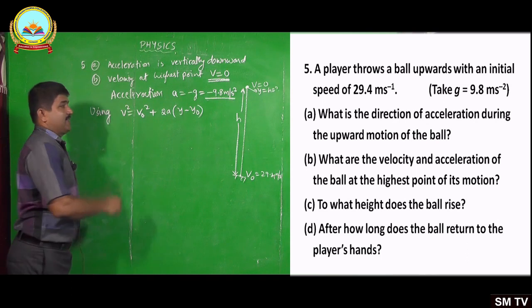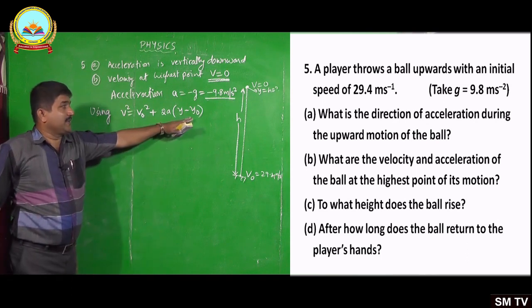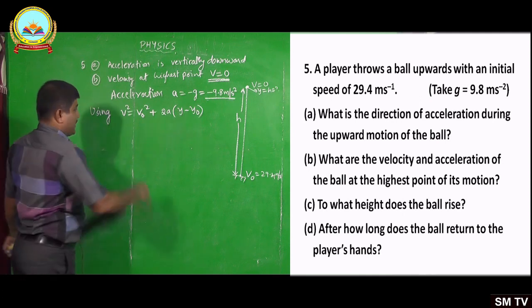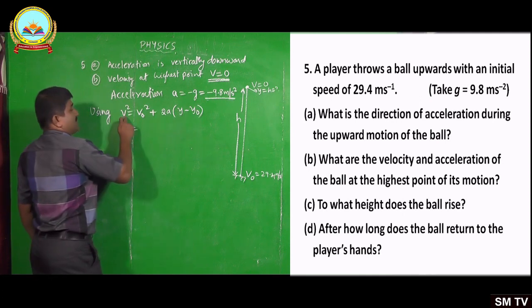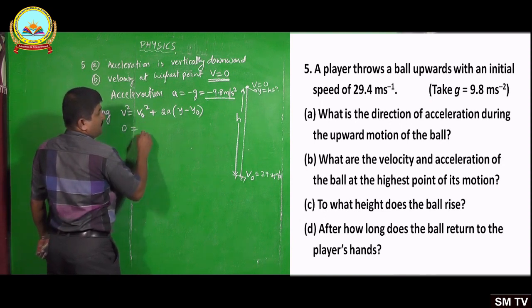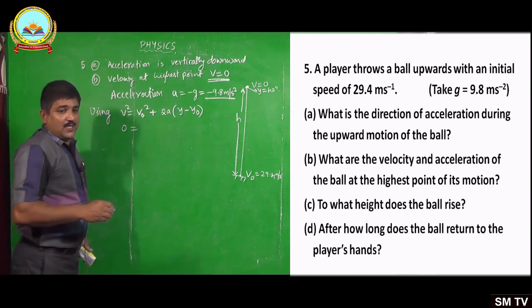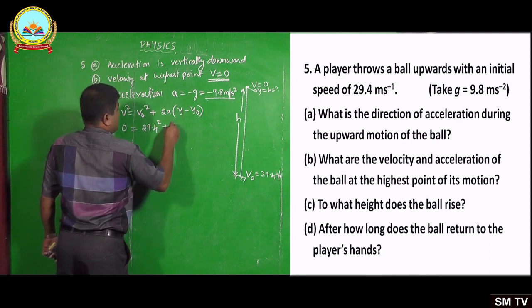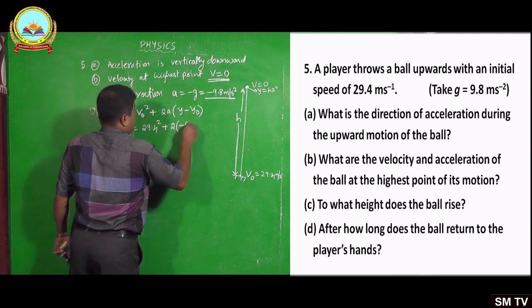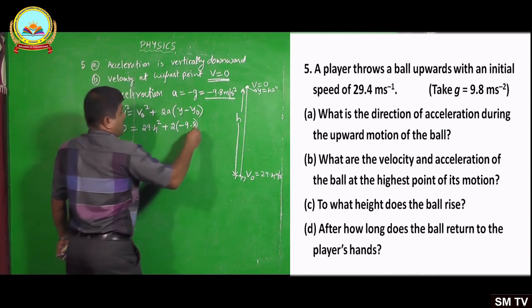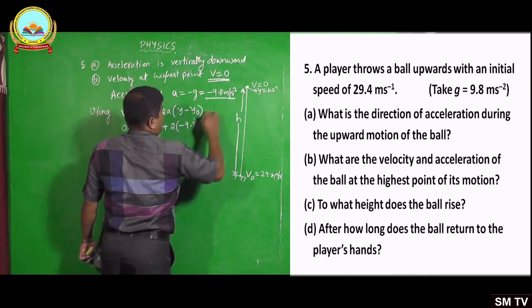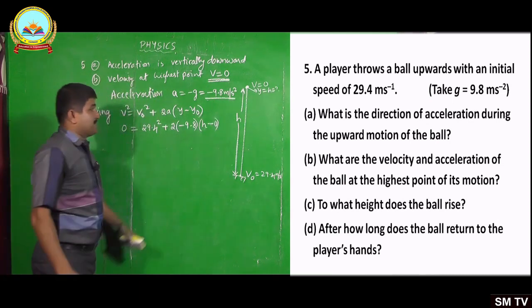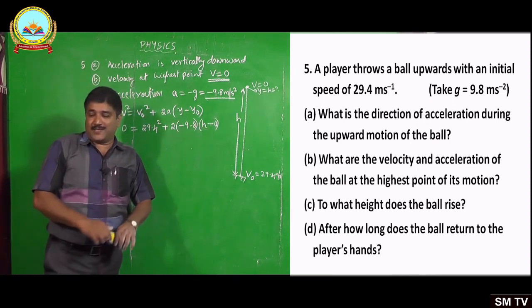This equation is the third equation of motion, but for vertical motion we have to use the symbol y. So now 0 equal to 0 square, it is 0. So the velocity of projection is 29.4 square plus 2a, and a is minus 9.8. Then y minus y naught, final position y is h and initial position is 0. So the displacement y minus y naught is directly taken as h.